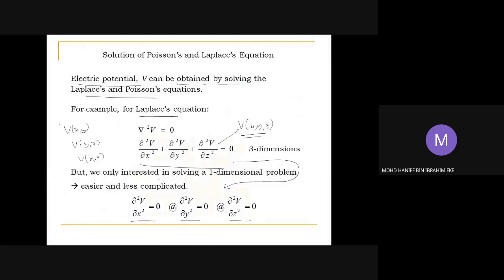But looking at this problem, the boundary conditions are given straight away: 25 volt at y equal to 0 and 75 volt at y of 0.5 millimeter. You are also given the area property, whereby rho v equals 0.